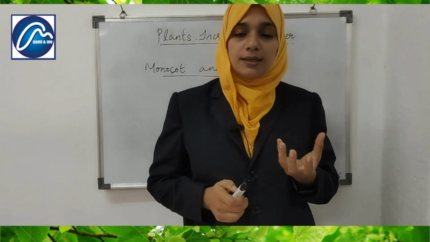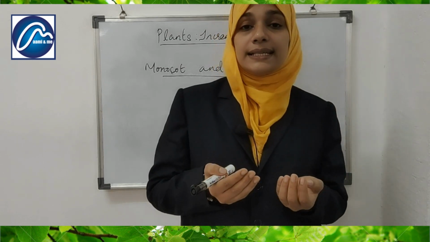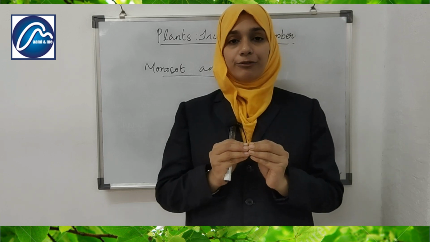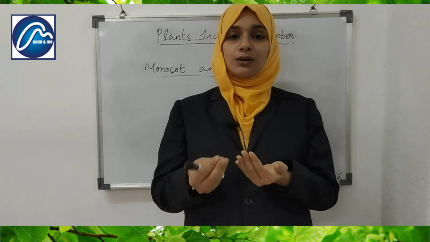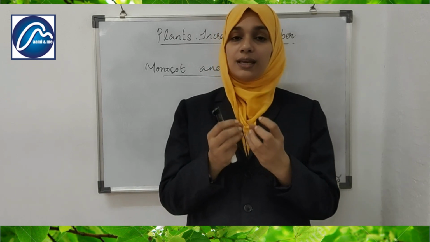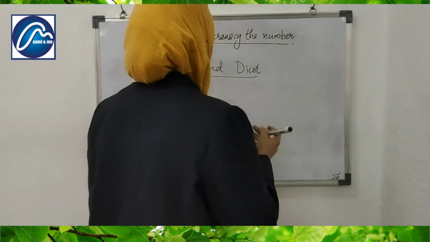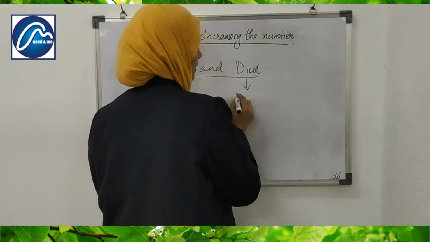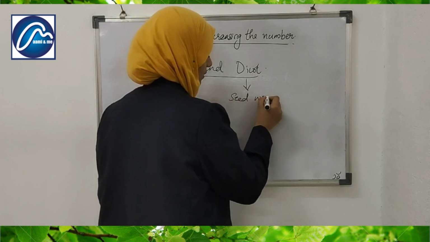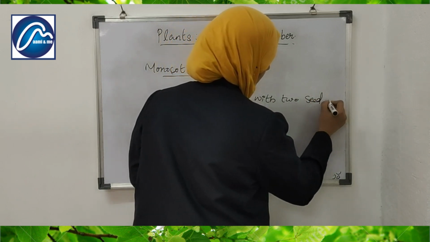Okay, you can see the gram will become bigger and there is an outer cover for that gram. If we uncover it, you can see 2 seed leaves. So, that type of seeds are called dicot seeds, seeds with two seed leaves.